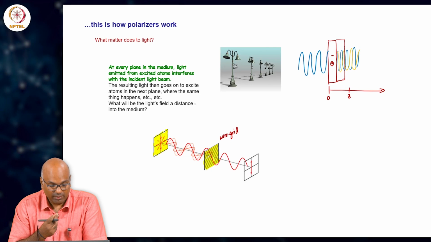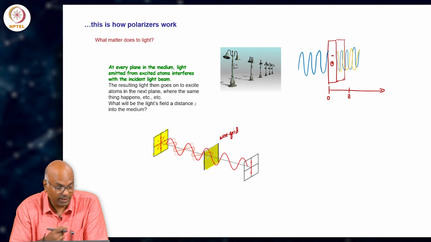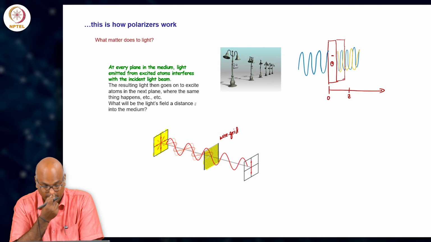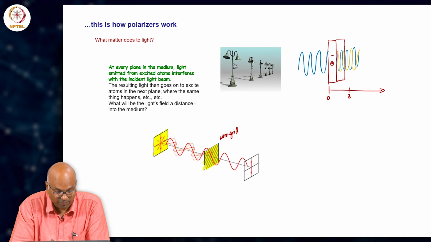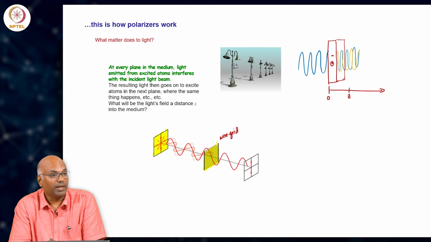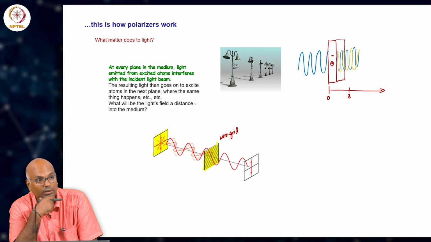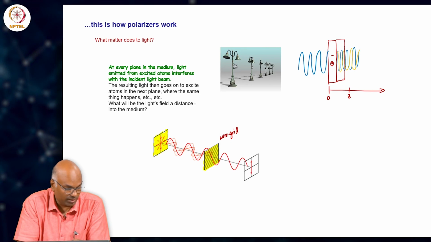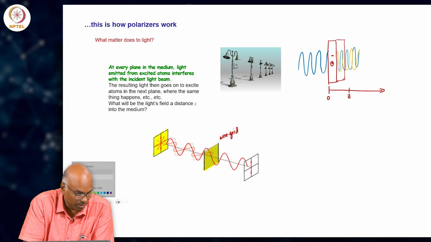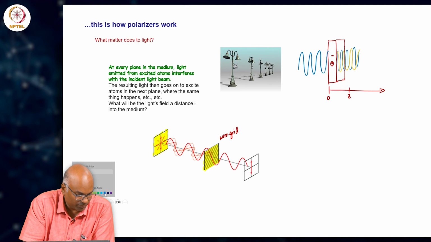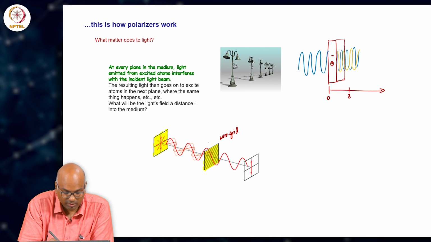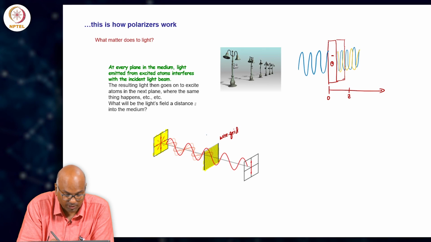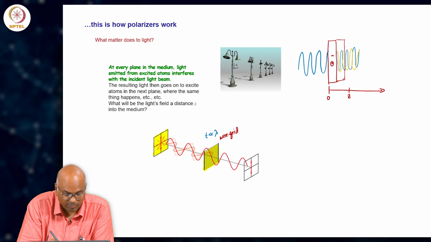It is a grid made up of straight line metallic wires which are very thin, and which have a reasonable fill factor in this medium, and the gap between the wires is much smaller than the wavelength of light, and the thickness of the wires is also much smaller than the wavelength of light. If the thickness of these wires and the gap between them, let me take these to be some t, this is much smaller than lambda.